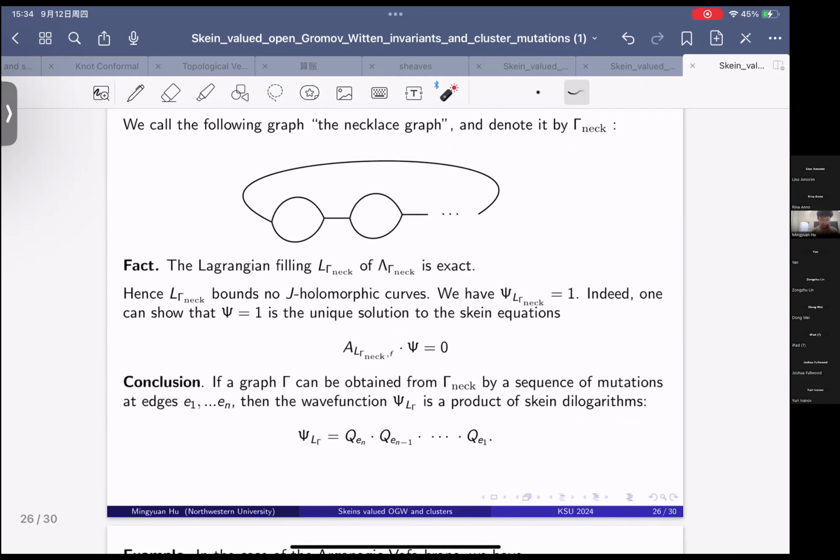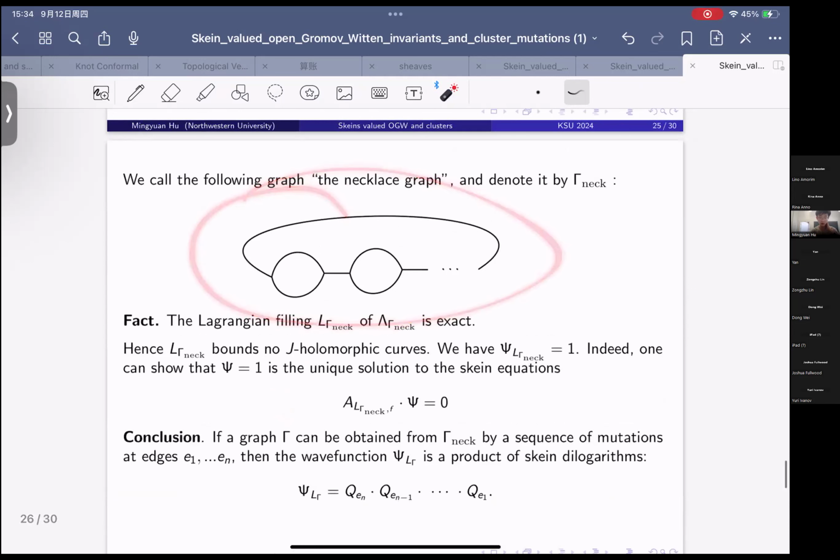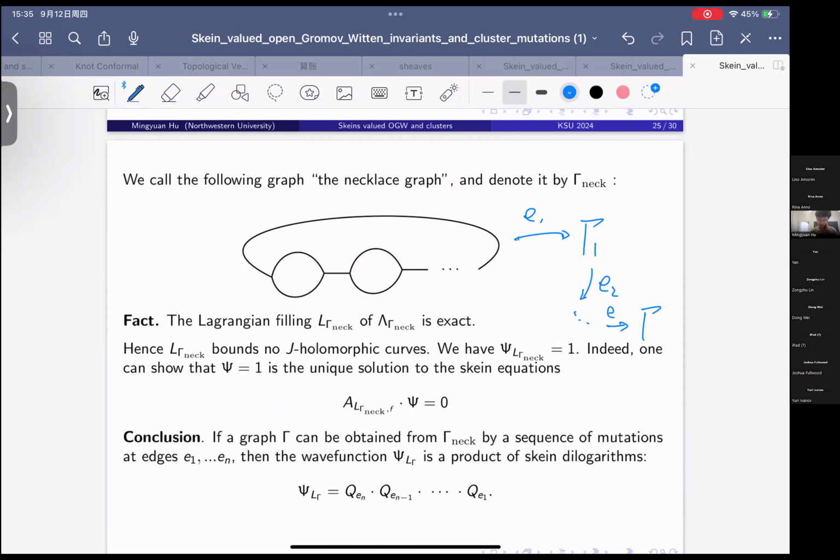And now the conclusion is that if we have a graph, we start from this necklace graph, and we mutate at the edges. We mutate the graph at E1 and get, let's say, gamma 1, and then we mutate E2, and so on, and in the end we get our gamma.